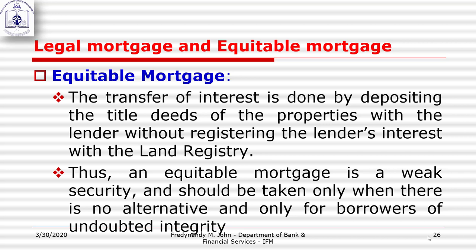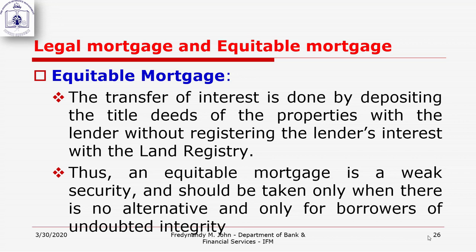So this means that the equitable mortgage is very weak compared to the legal mortgage. Why? Because if the borrower has defaulted, then the lender cannot simply go out there and sell the mortgaged property without consulting the borrower.